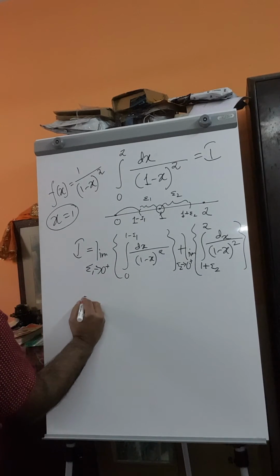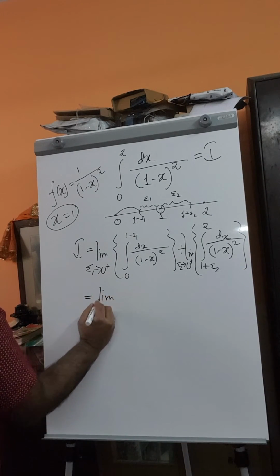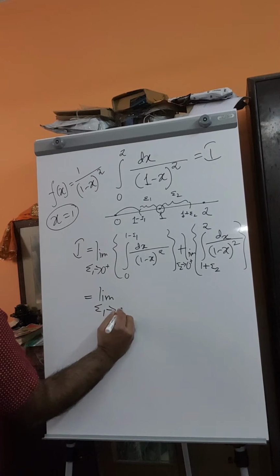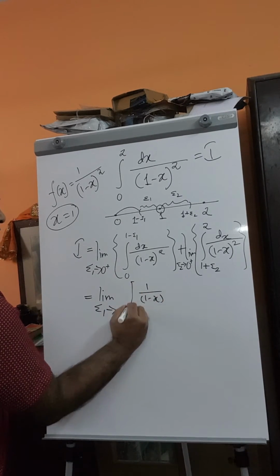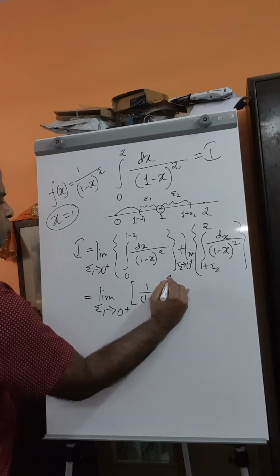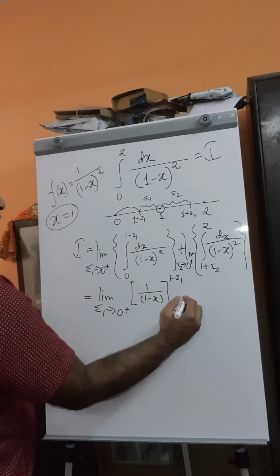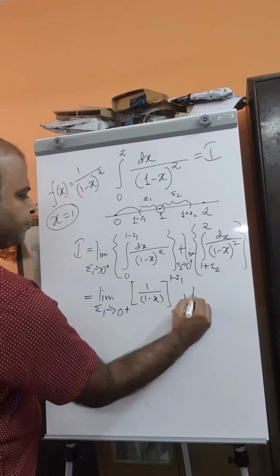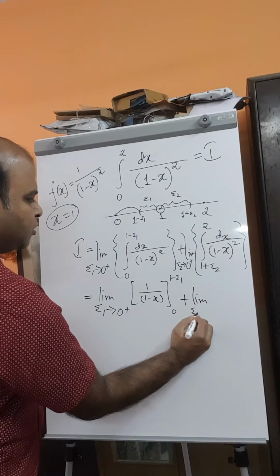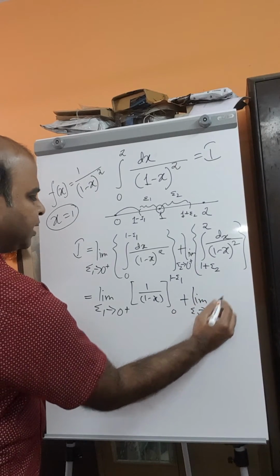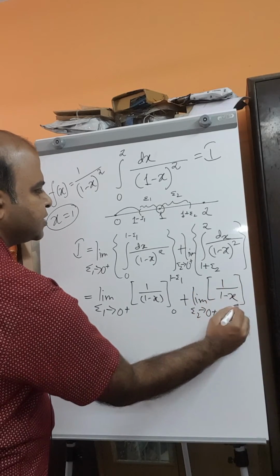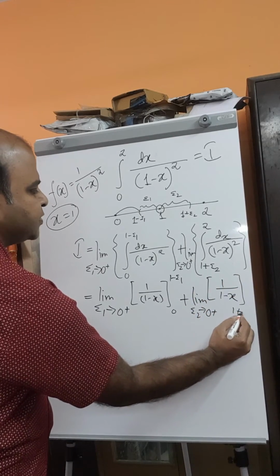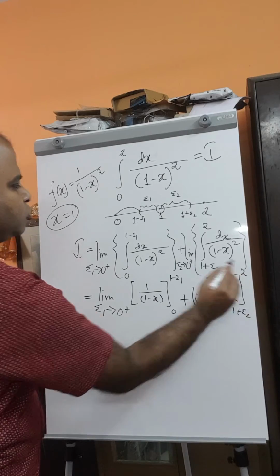So, this becomes equal to limit epsilon 1 tends to 0 plus, 1 upon 1 minus x within the limits 0 to 1 minus epsilon 1, and also plus limit epsilon 2 tends to 0 plus, again 1 by 1 minus x within the limits 1 plus epsilon 2 to 2.